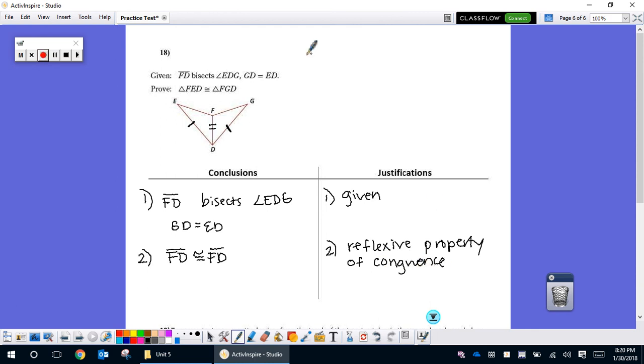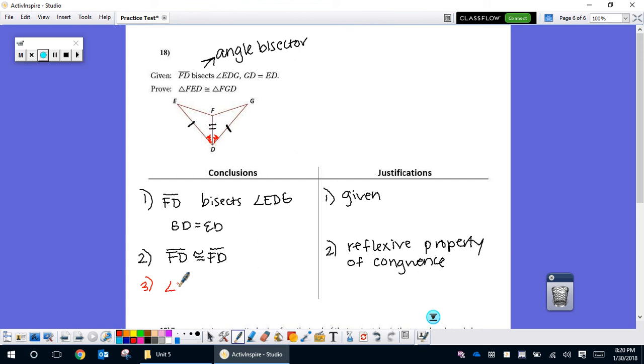All right, and then I want to deal with this angle bisector. So angle bisector splits the angle in half. So let's find the angle that's being bisected, angle EDG. So that's this whole big angle right there. So that means this guy right here is going to be congruent to the other little guy. But you have to make that conclusion yourself.